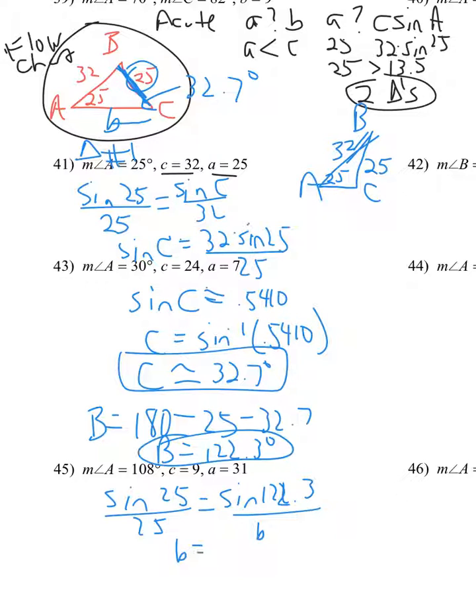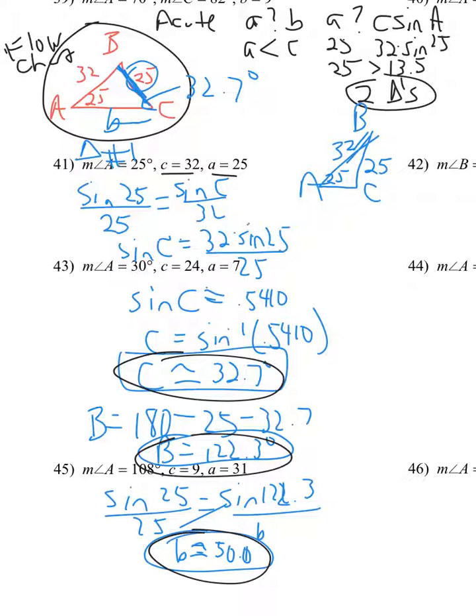So little b would equal 25 times the sine of 122.3, divided by sine 25, and b should be about 50.0. Now that's the answers for triangle number 1, these three right here.